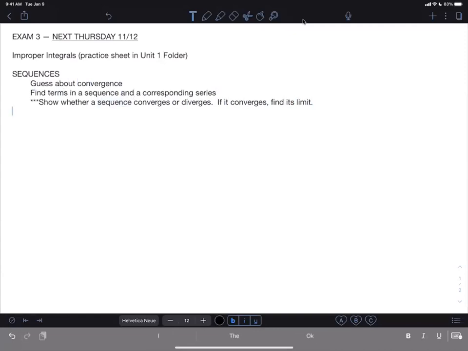And so, we did several techniques for that, but you've got two big homeworks, sequences 1 and sequences 2. So the homework for that, there's the intro sheet, and then sequences 1 and sequences 2.